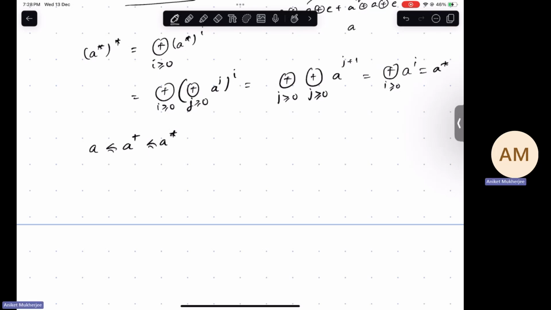First let's show A plus is less than or equal to A star. When I say that I want to show A plus is less than A star, what I want to show is A plus plus A star equal to A star, right?